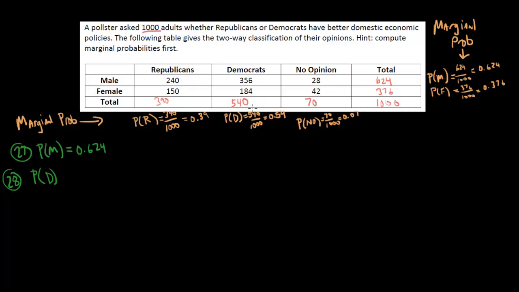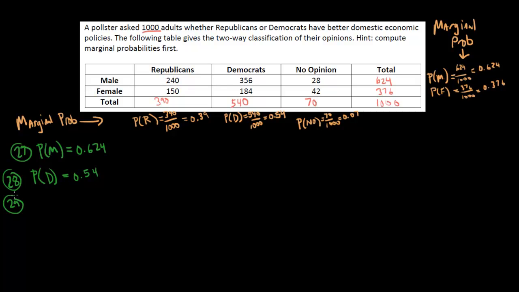Well, the marginal probability is 0.54. Sorry, not 27, 28, rather. All right, number 29.